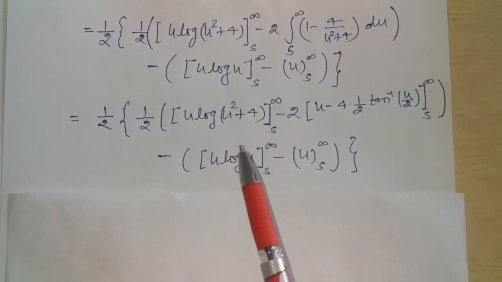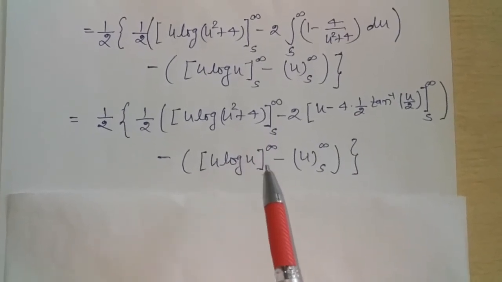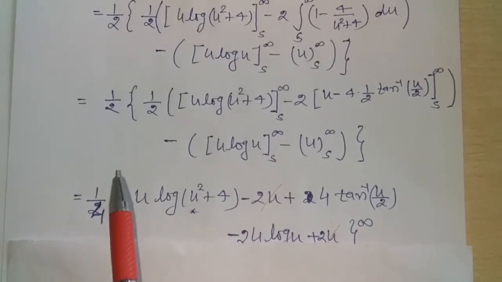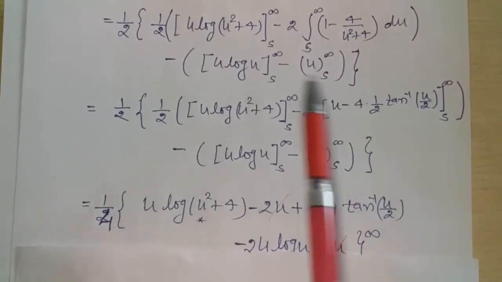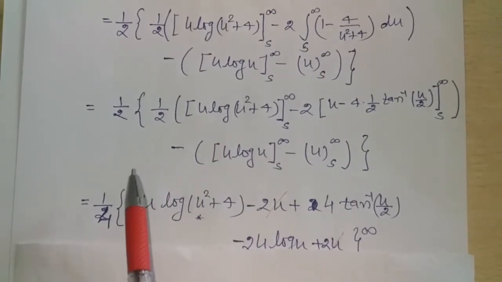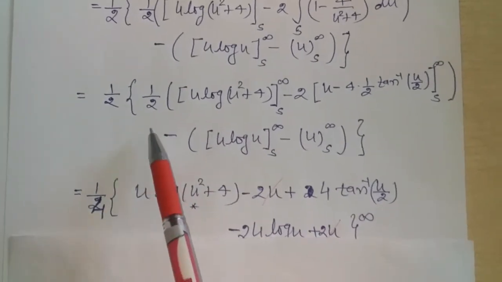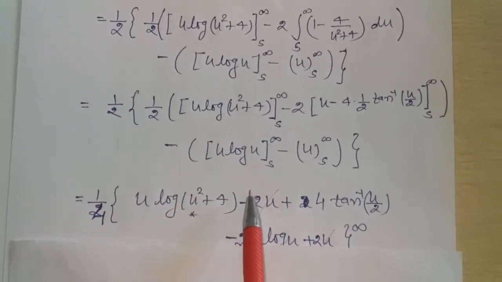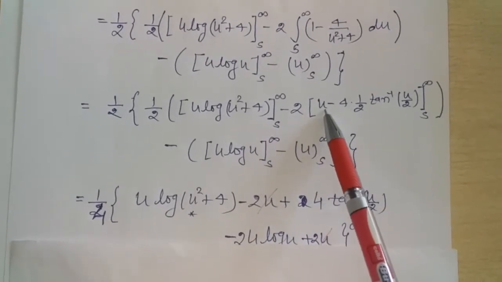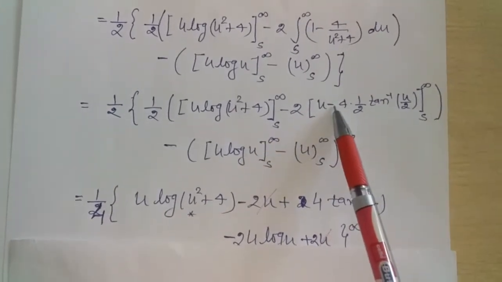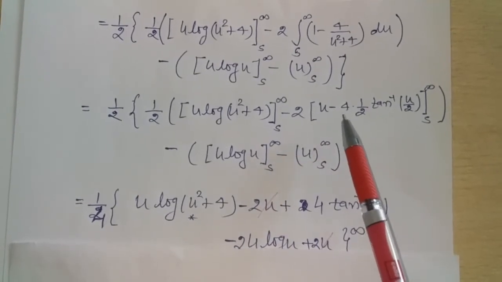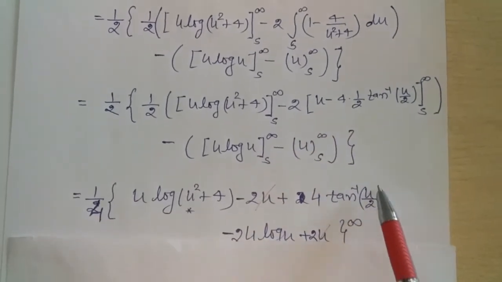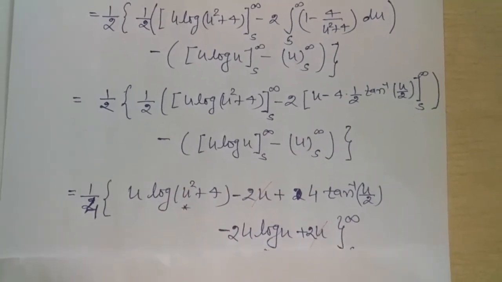Now all the terms have the common limit s to infinity, so we take 1/2 common from all these expressions, so we have 1/4. Here 1/2 is common, so we have u log(u² + 4) minus 2 times u, minus minus plus, here this 2 and this 2 cancel, so we have plus 4 tan inverse (u/2) minus u log u.